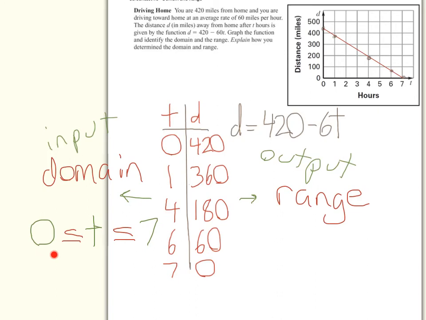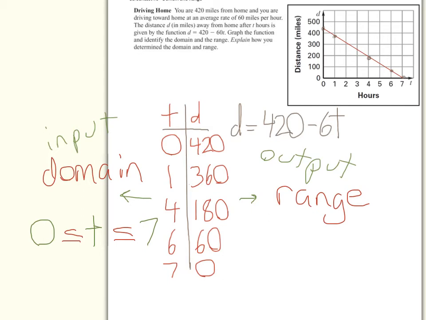And if you read this from left to right, here's what you're saying. 0 is less than or equal to the time, which is also less than or equal to 7. That makes sense. In other words, any time that you have must be between 0 and 7. By stating it like this, you are including all the numbers in between 0 and 7, which include all the decimals and all the whole numbers in between as well.